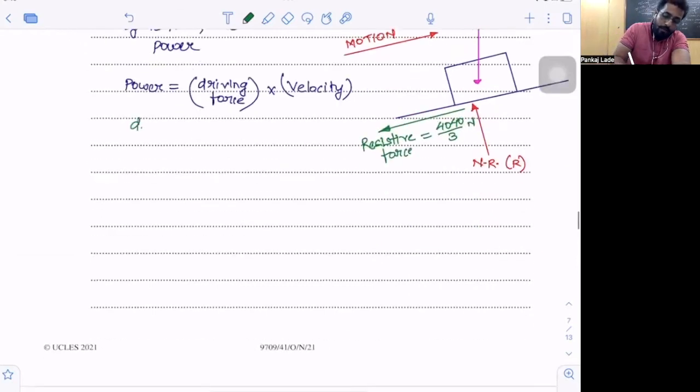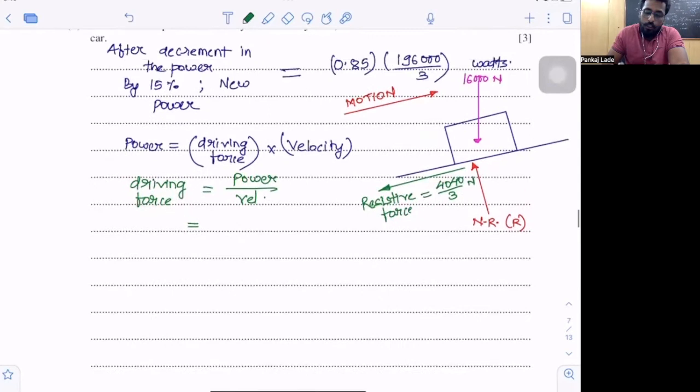So the driving force is equal to power divided by velocity, isn't it? What's the power, students? It was 0.85 into 196,000 divided by 3. Let's quickly get this value. So it's 196,000 divided by 3 multiplied with 0.85.